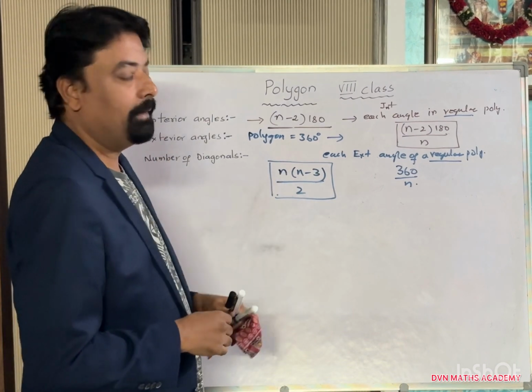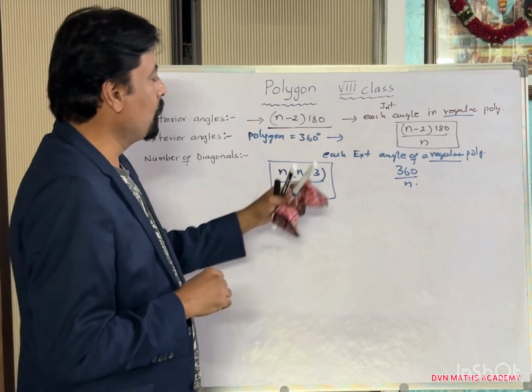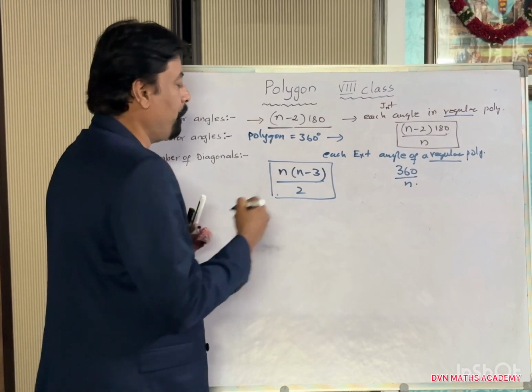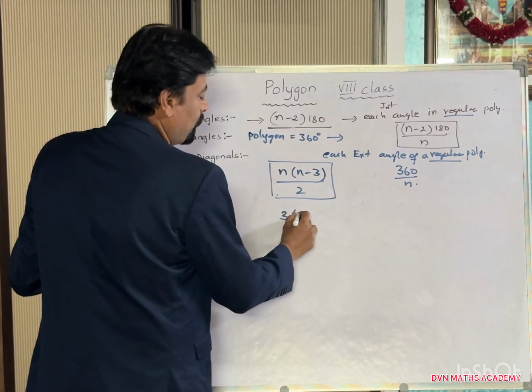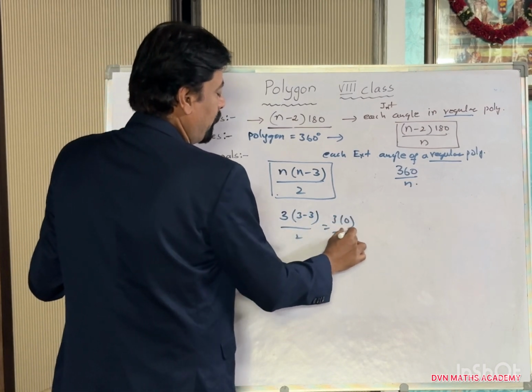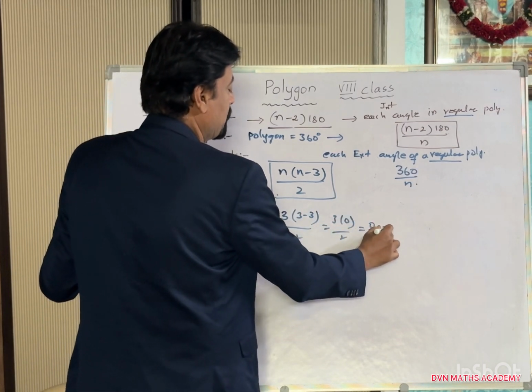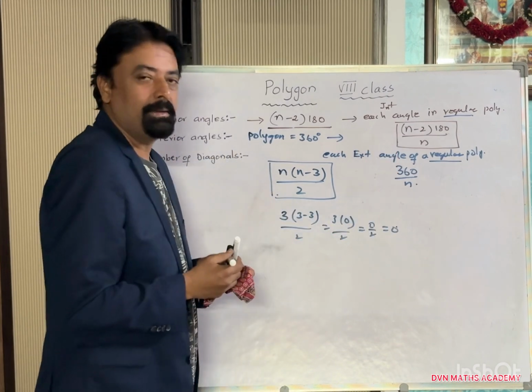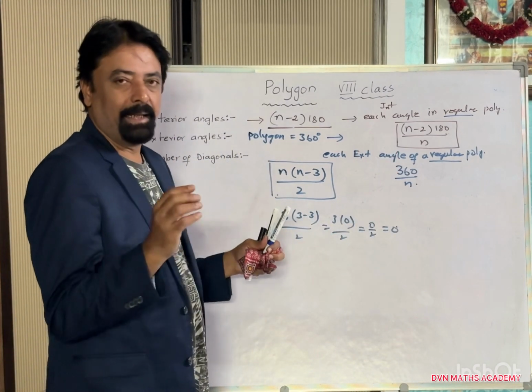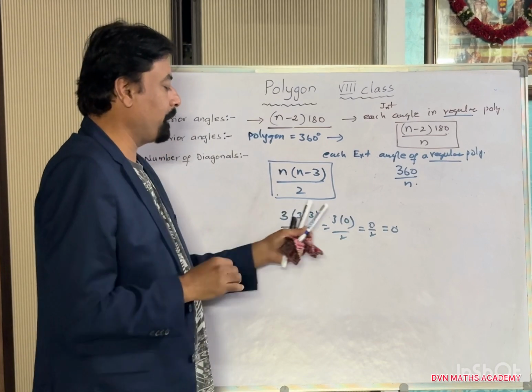For example, you know that there are no diagonals for a triangle, because if you substitute n equal to 3, what happens? This is 3 into 3 minus 3 by 2. This becomes 3 into 0 by 2, that is 0 by 2, which is equal to 0. So there are no diagonals in a triangle. We cannot draw diagonals for a triangle.